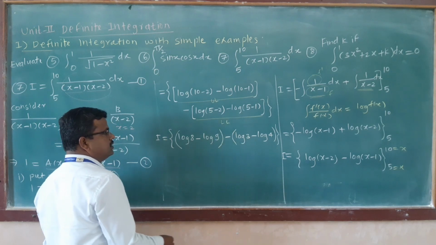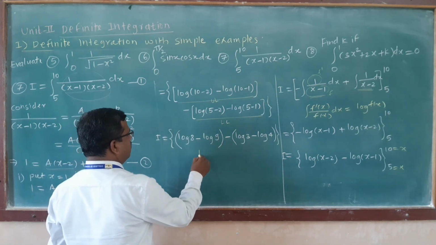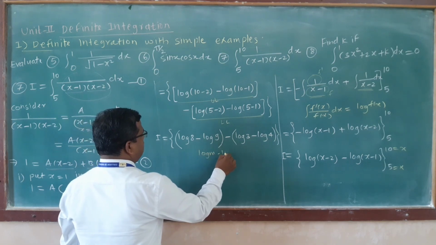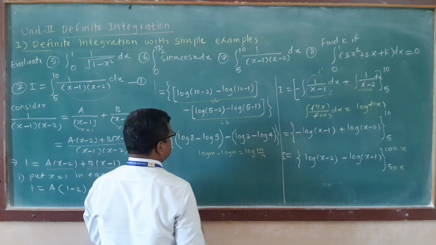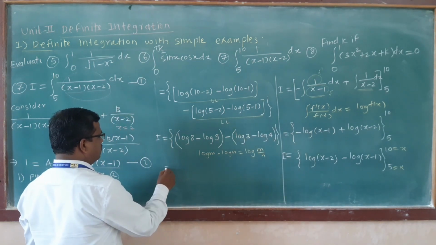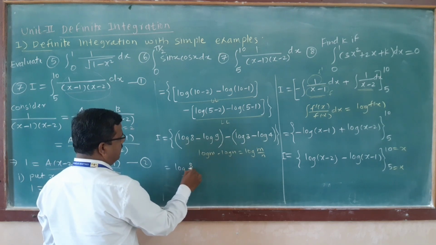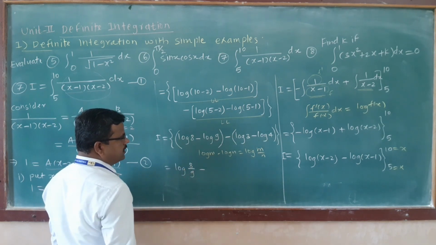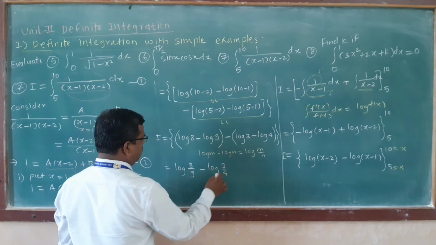So, using the formula log m minus log n, which is log of m upon n, this is log of 8 upon 9 minus log of 3 upon 4.